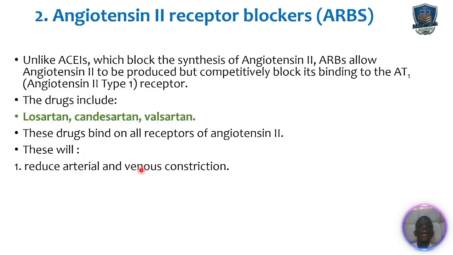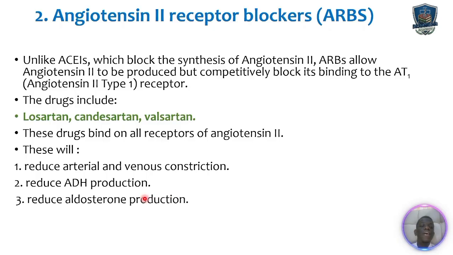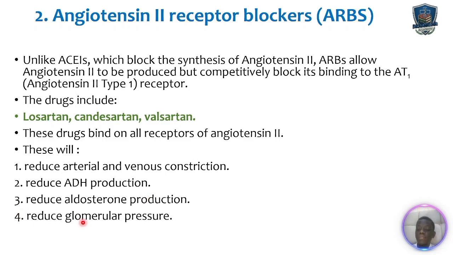If you reduce the venous constriction, it means you're going to reduce our preload, reducing the stroke volume, reducing the cardiac output, and reducing our blood pressure. Don't forget, it also reduces ADH production, as we know, and also reduces aldosterone production. So very similar to the ACE inhibitors. And the same thing that you have to note, it also reduces glomerular pressure. Very crucial.